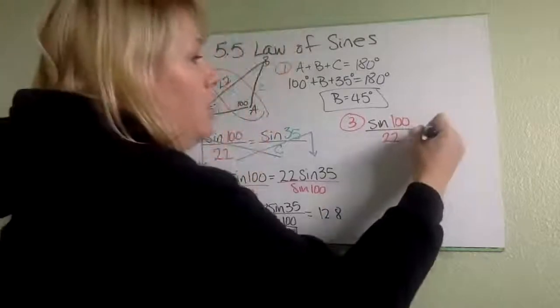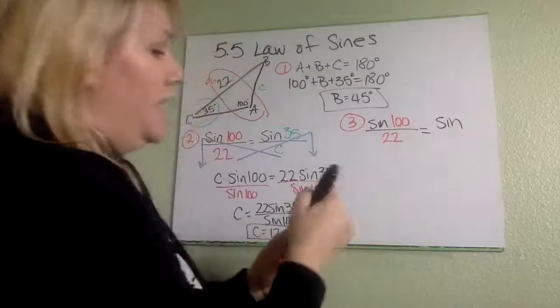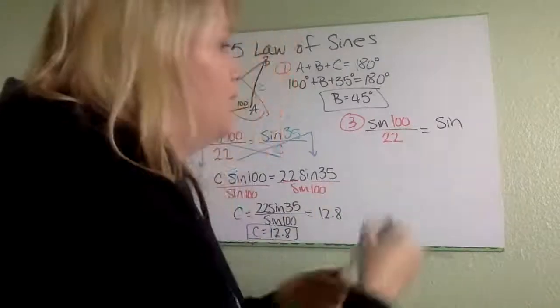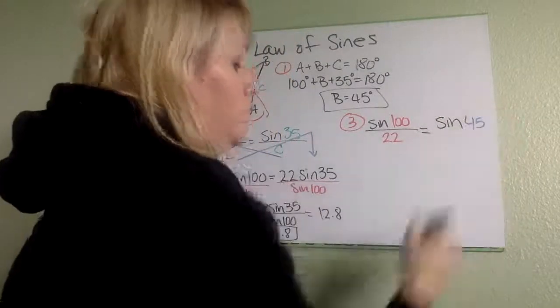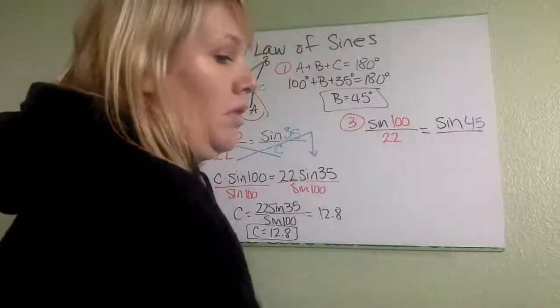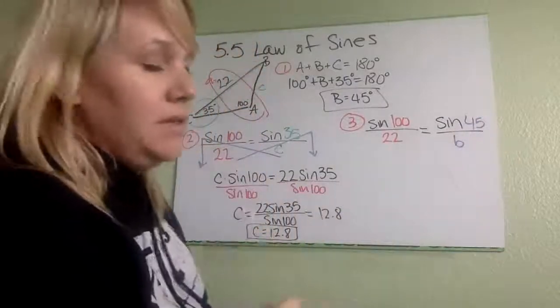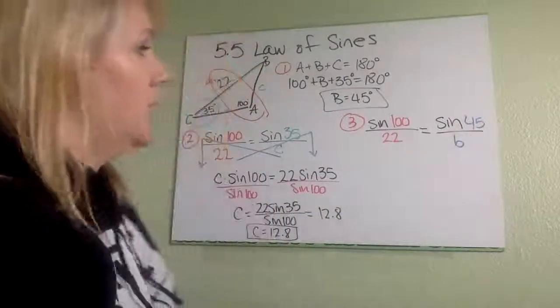We can go back to our sine of 100 over 22, and then we're solving for the sine of angle B, which is 45, over side B. And from here out, the process of solving is exactly the same as what you just did. So it's not super complicated.